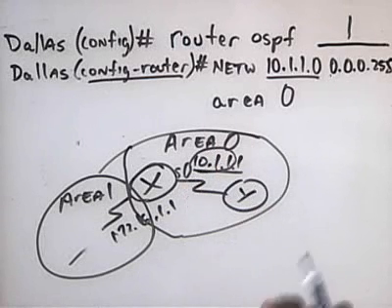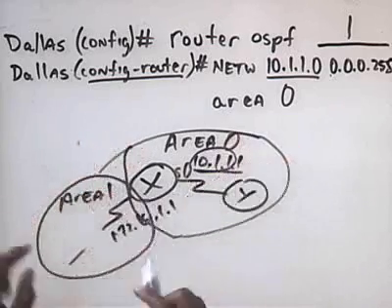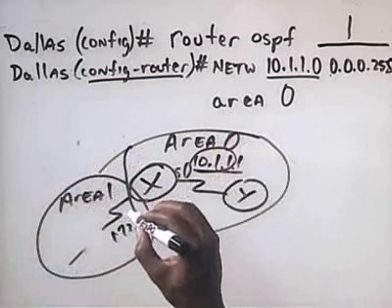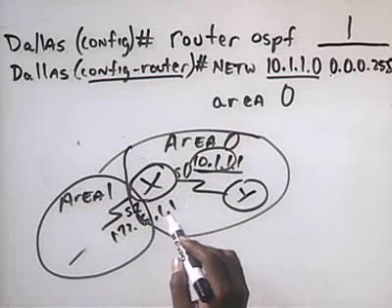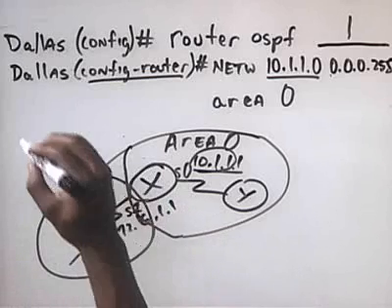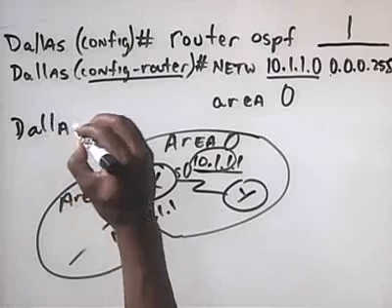However, if I want to do multi-area OSPF, area 0 and then area 1, this other interface over here, serial 1, S1, with 172.16.1.1 IP address, would be configured. We'll add another line here.